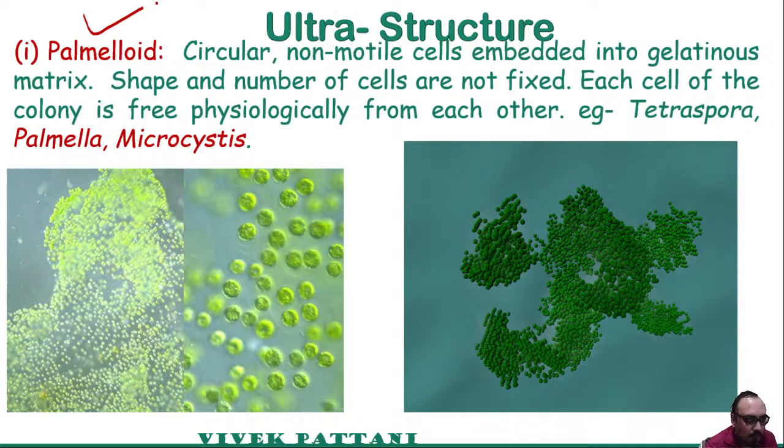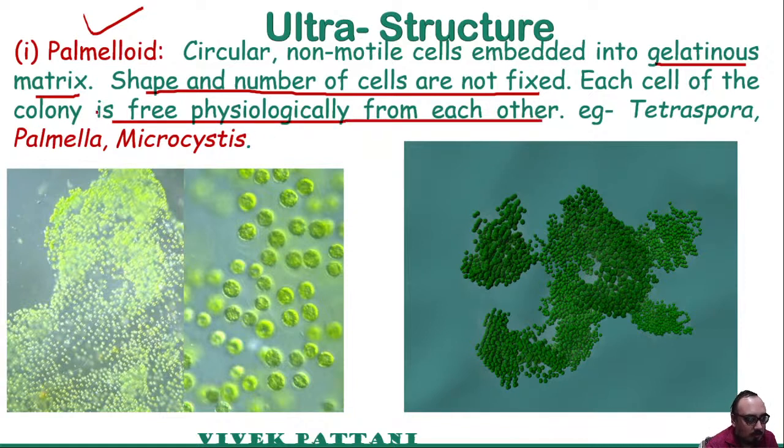Circular non-motile cells are embedded in a gelatinous matrix. The shape and the number of cells are not fixed in a particular colony, and each cell of a colony is free physiologically from the others.